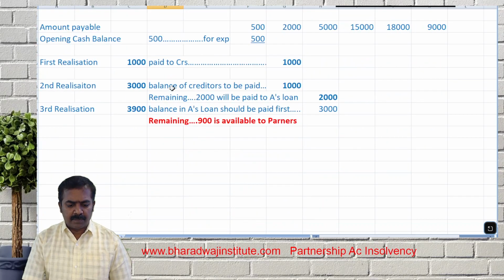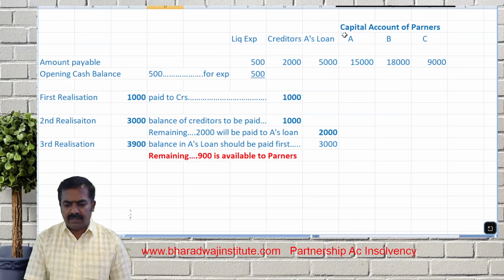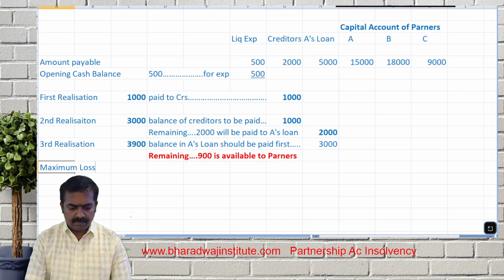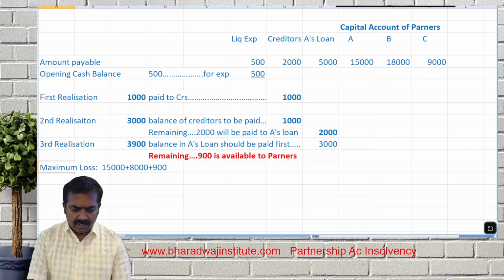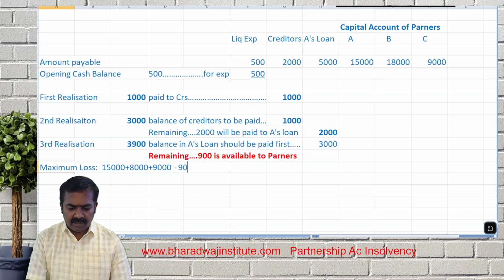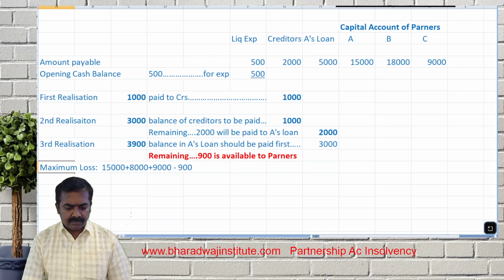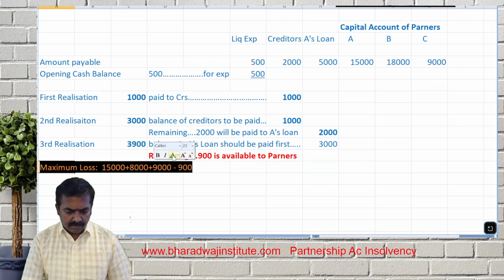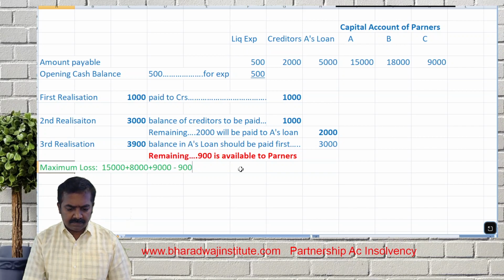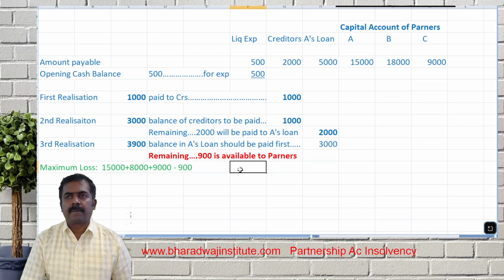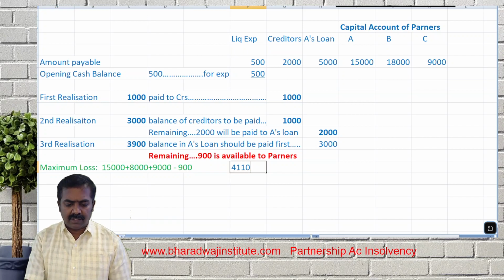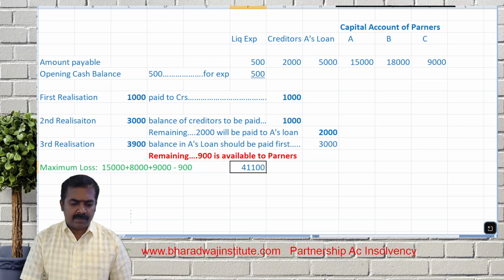Now coming back to this problem, what is the unpaid capital? A, B, C unpaid capital: 15,000 plus 18,000 plus 9,000 minus amount available, 900. This will give us the maximum loss. What is the maximum loss? 41,100. Any doubt in maximum loss?